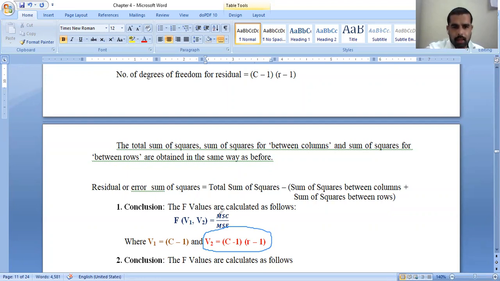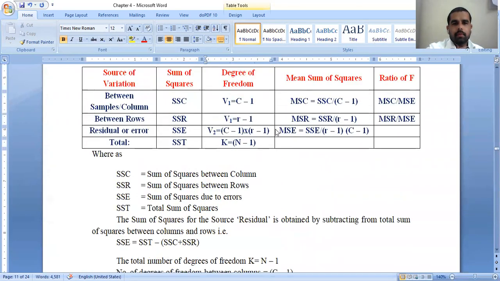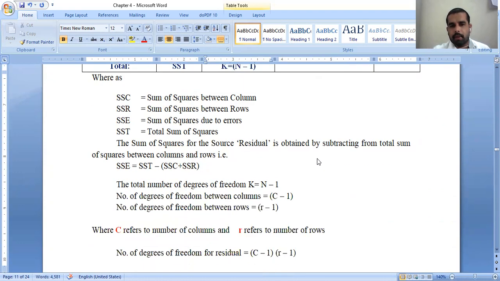To get this conclusion, MSC divided by MSE, we are applying V1 equal to C minus 1 and V2 equal to C minus 1 into R minus 1. Okay, this is important. You observe carefully here. The residual error V2 is C minus 1 into R minus 1. In both the cases, the denominator is the same.